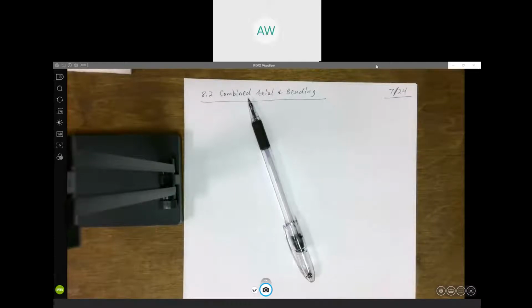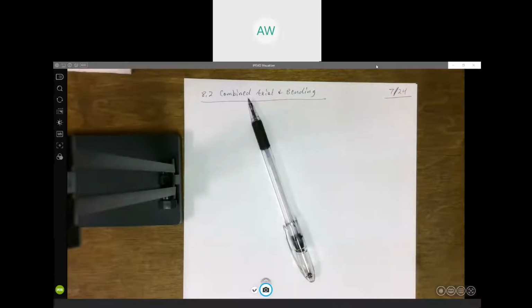What we're going to do today is continue the topic we were discussing yesterday. And this is combined axial loads and bending moments acting on members together. What we looked at yesterday was we had an axial load and we were just bending about the z-axis.